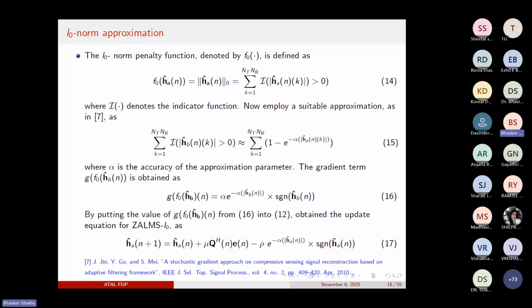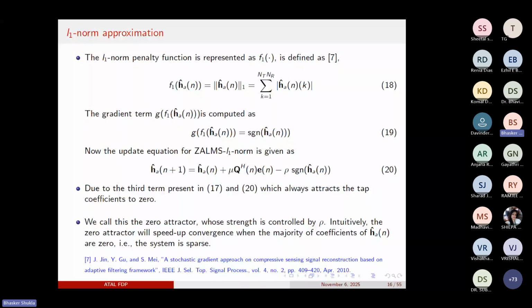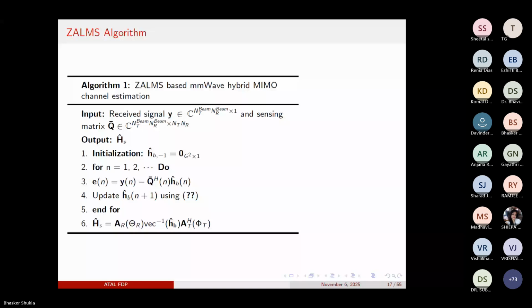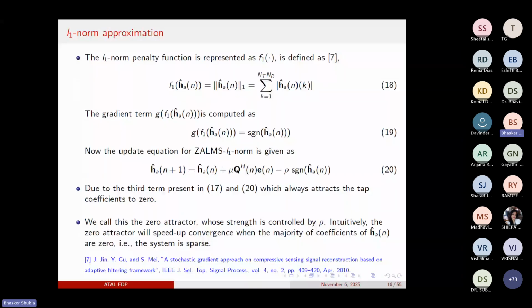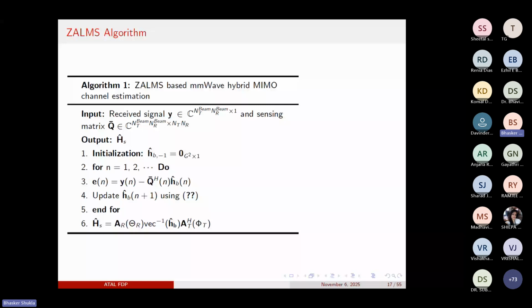After finding the update equation, here is the pseudocode for the ZLMS algorithm. First we take the initialization part and then find the error. After that, the update equation, with the help of this one, and then find the overall estimated channel by this equation.